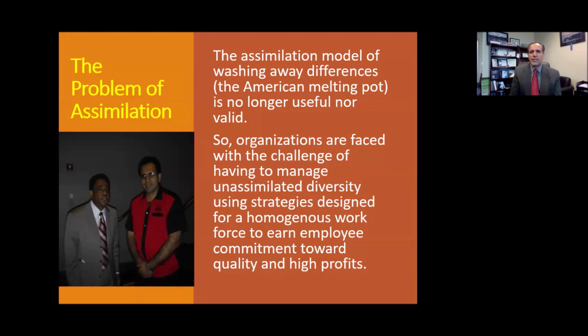So companies are faced with the challenge of having to manage unassimilated diversity using strategies that were designed for a homogeneous workforce to earn employee commitment toward quality and high profits. This is why inclusion is said to be one of the best models compared to all the other alternatives.